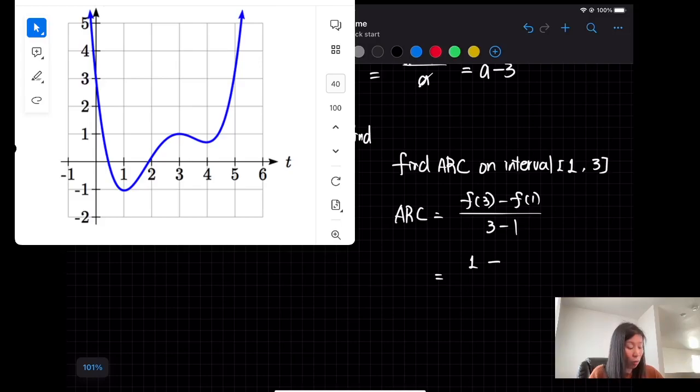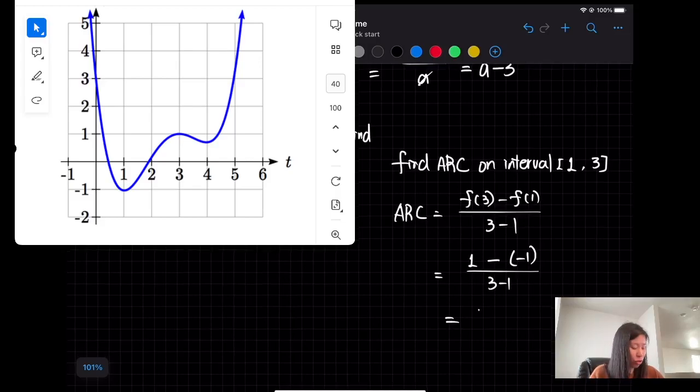That means I want to subtract a negative 1. Not subtracting 1, it's subtracting negative 1. And then 3 minus 1. So I have 1 minus negative 1, which is 2 over 2, which equals 1. So the average rate of change for this graph from 1 to 3 equals 1.